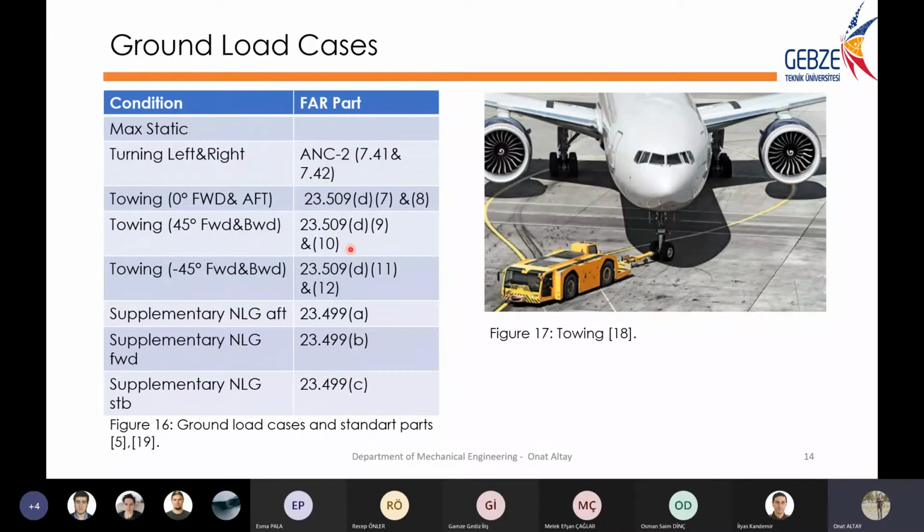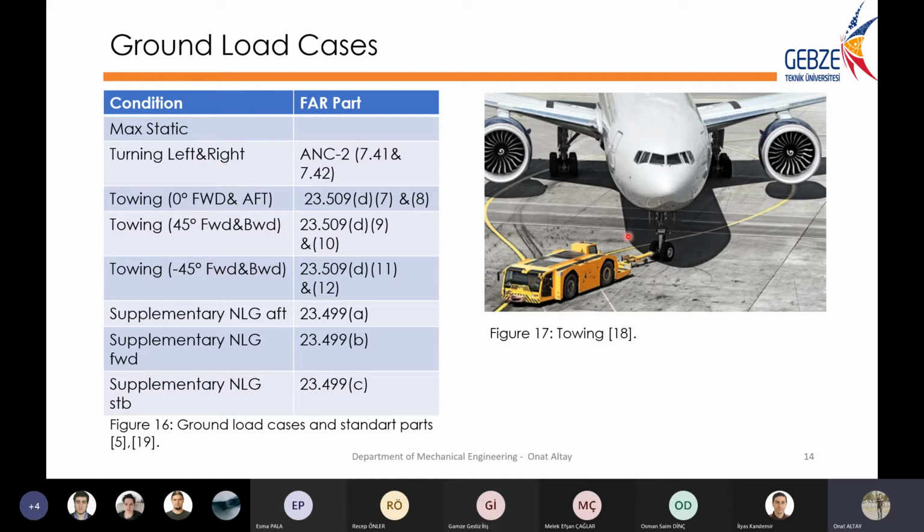After locating the nose landing gear, I calculated ground loads. Basically, there are 4 ground load cases. These are max static, turning, towing, and supplementary conditions. Turning left and right is simple, the nose gear just turns left or right.